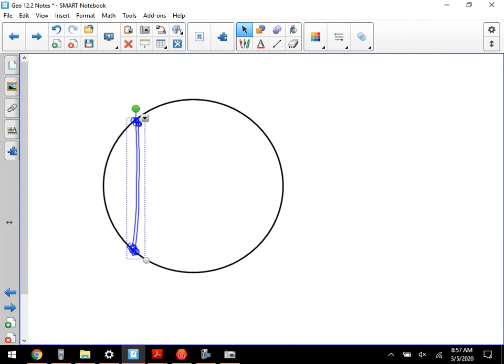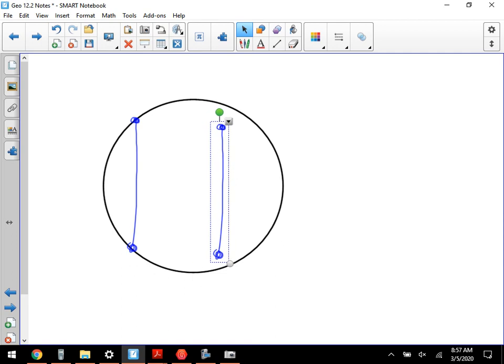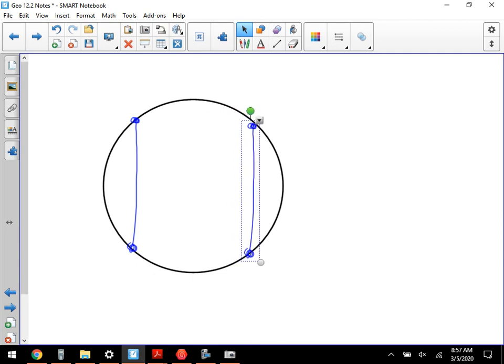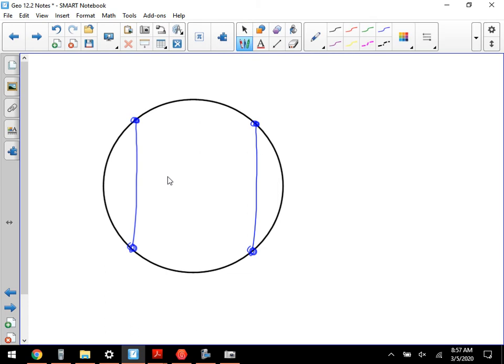You'll notice that if they're the same length, it's going to take a while for me to get to a spot where they touch the circle the same, like that. You okay with that? I know that those two chords have to be the same because I cloned them. Got to put my center in. So far, so good?